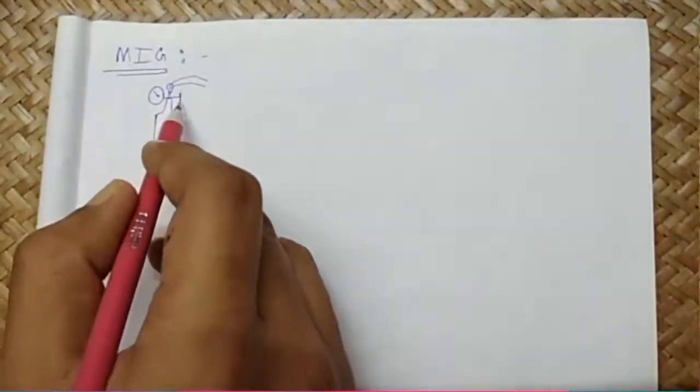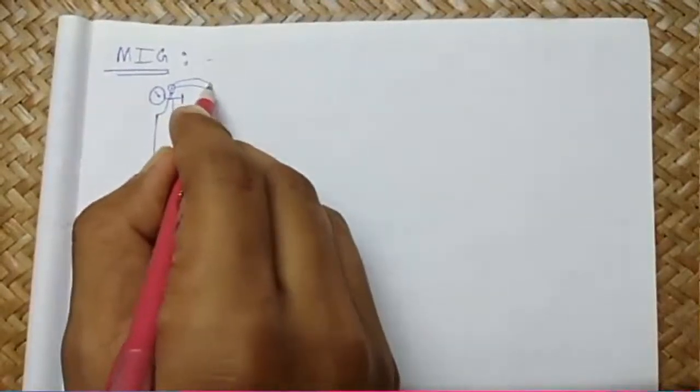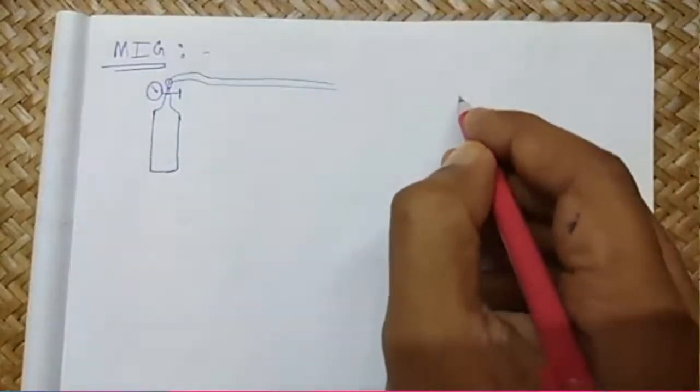indicator which will give you the pressure inside the cylinder, and looking at the pressure you can understand whether it is safe or not, whether gas is already there or not. There is a valve or regulator to control the gas flow, and a hose pipe coming out from it goes directly to the welding gun.